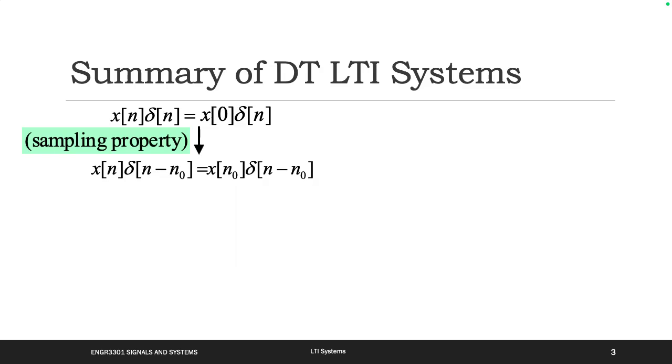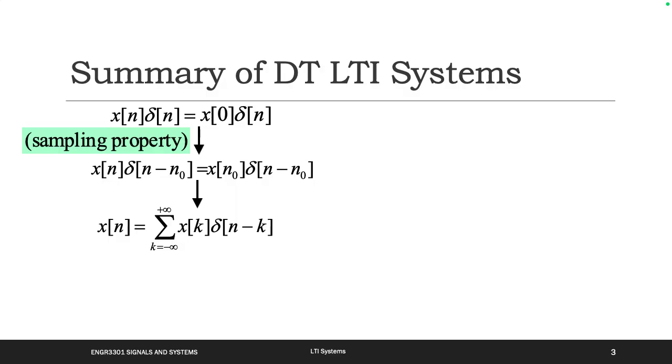This is kind of like a shift property. From this we get the equation: x[n] equals the sum of x[k] multiplied by delta[n minus k], from negative infinity to positive infinity.